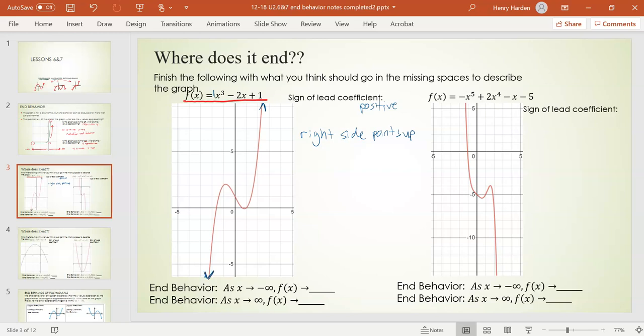But this side here is pointing up. That is the key. If I look over here, the sign of the leading coefficient is negative. Because we have a -1 in front of that there. So that leading coefficient is negative, so the right side points down.